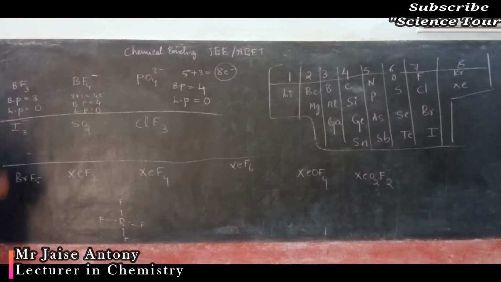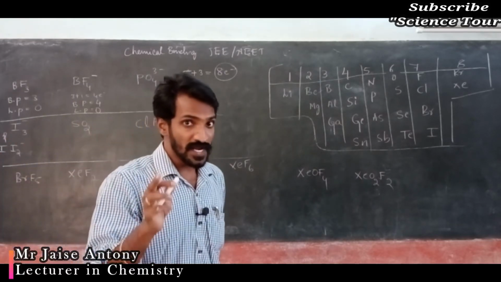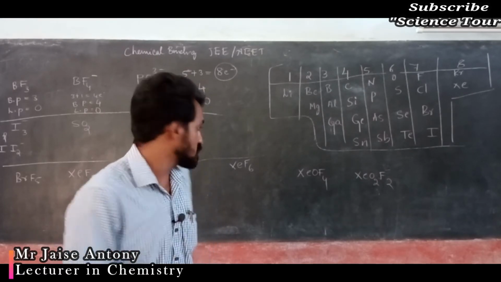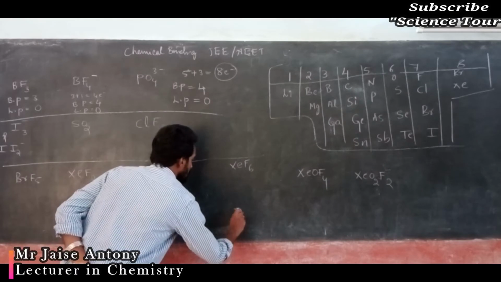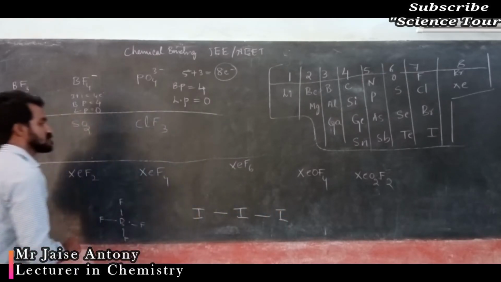My dear students, next I3 minus. Here I can write I3 minus like this. In I3 minus, there are 3 iodine atoms. One iodine is present at the center, and the remaining 2 iodines are attached to it like this.